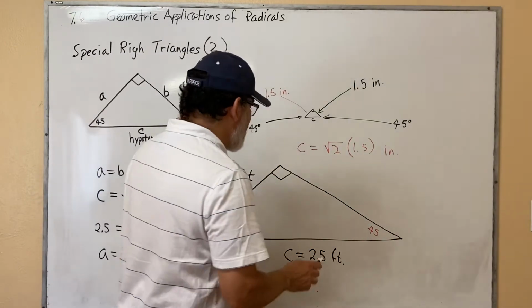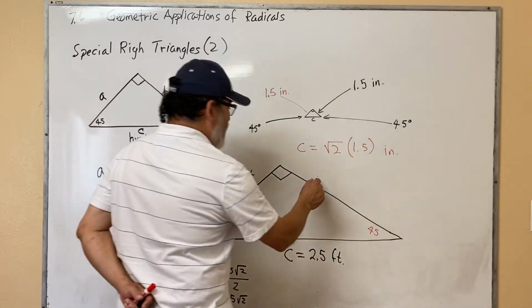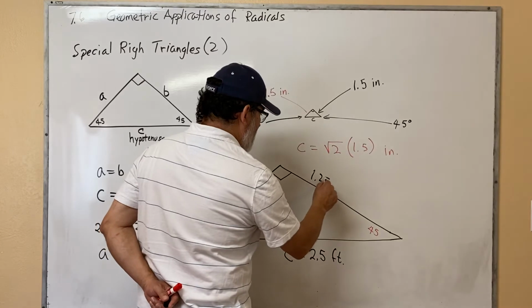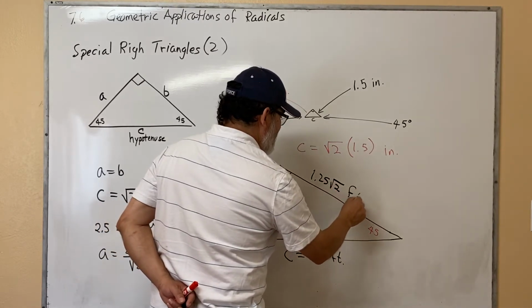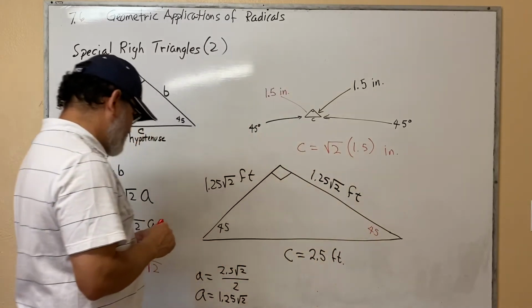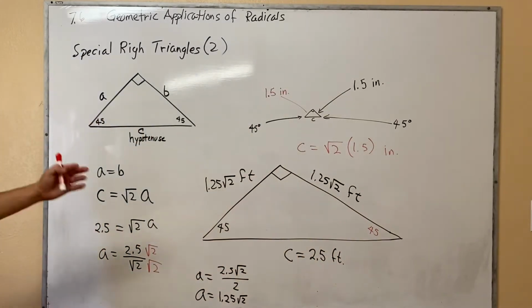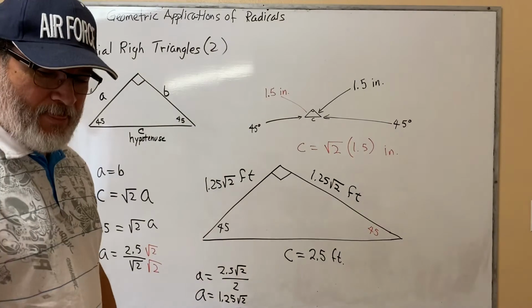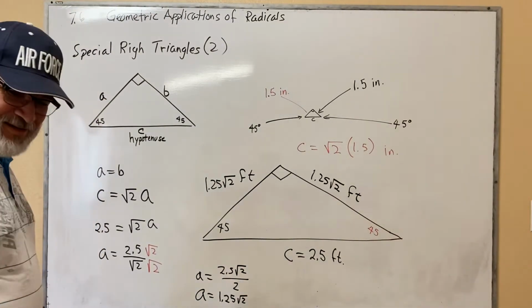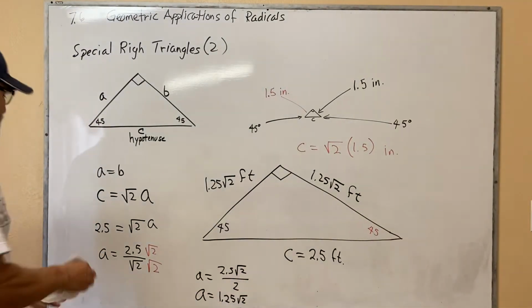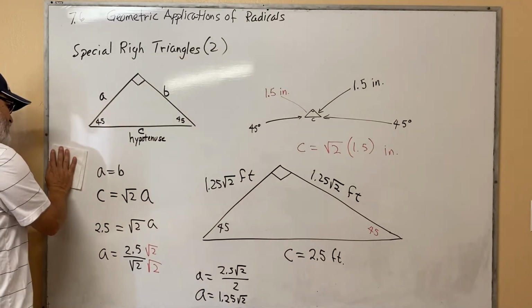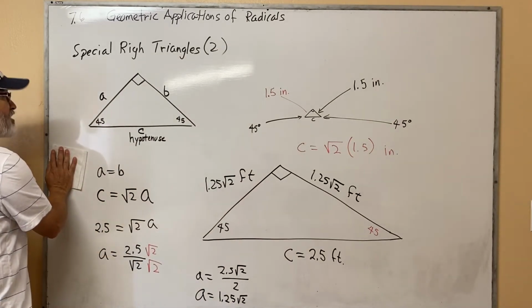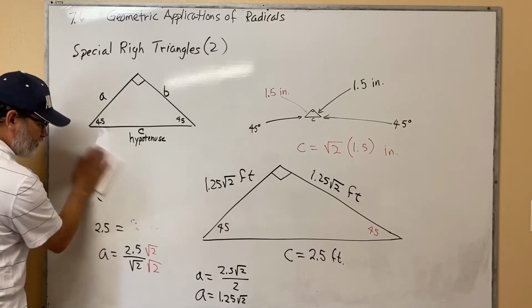And B is also 1.25 times the square root of 2 feet. And we got it. That takes care of section 7.6.